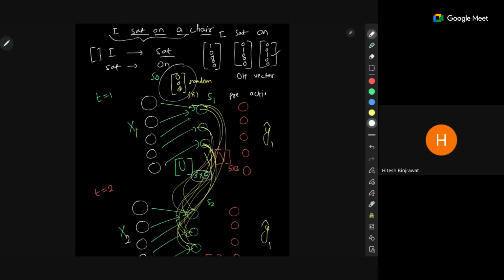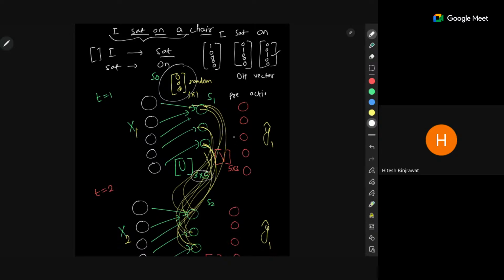So it depends on what the output size is. Here I will choose the same thing. It could be different also. It depends on the problem statement. This B could have a different size also, not 5 neurons, maybe 3 or 4 neurons required, something like that.